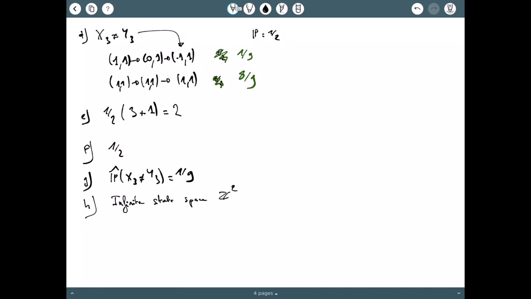So here we could get away with a simple remark. After n steps, we can only be in 2n states. So we could restrict our exploration to a finite number of states using this trick.